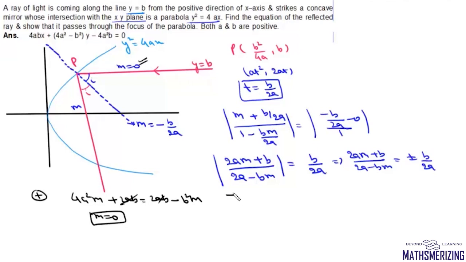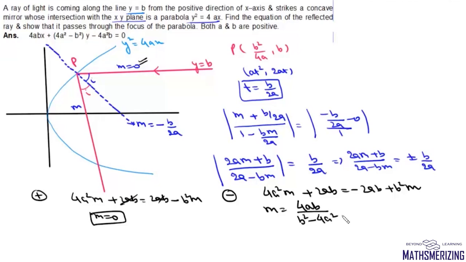So we'll have to take the minus sign. Then we get the condition 4a square m plus 2ab equals minus 2ab plus b square m. So we can write m as 4ab upon (b square minus 4a square).